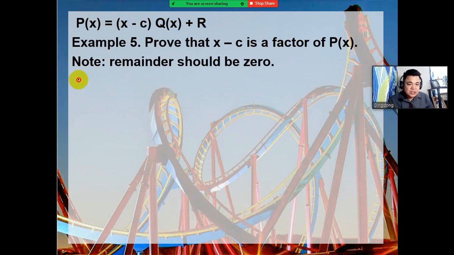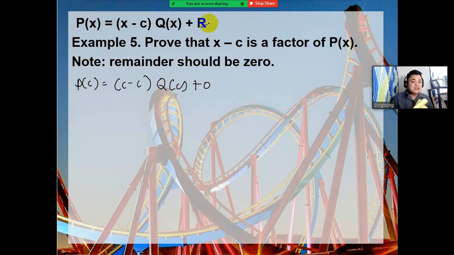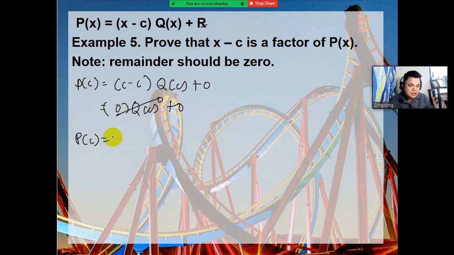So, P of c is equal to c minus c times q of c plus 0, because according to the statement, the remainder should be 0. And then c minus c is 0, times q of c, plus 0. So they are all 0. Therefore, P of c is 0.